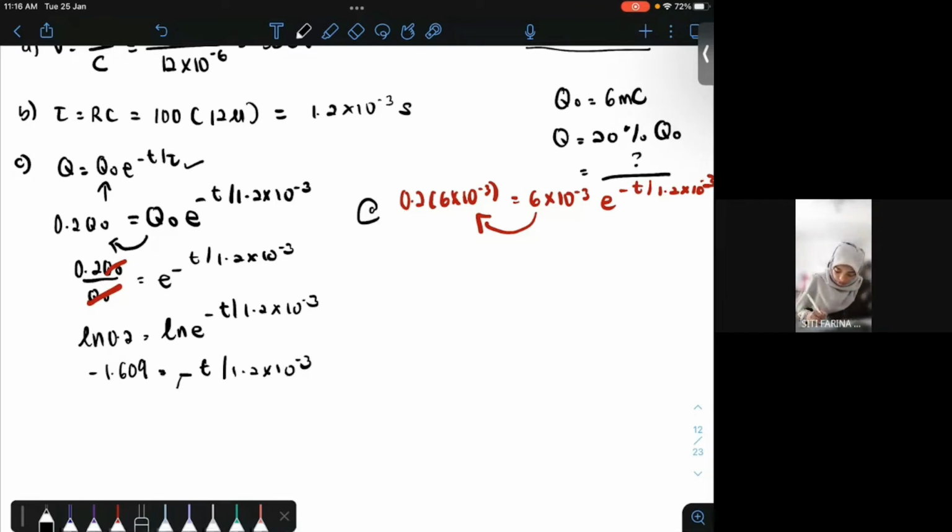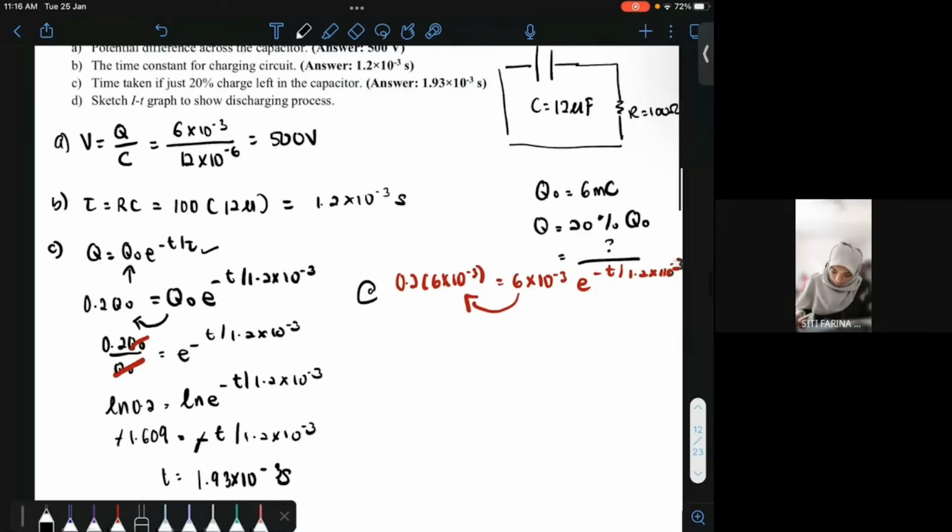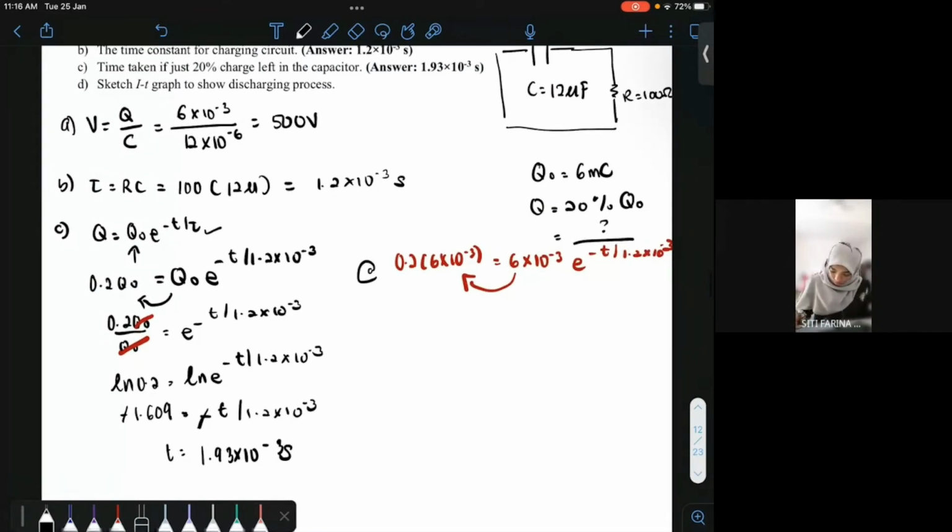The negatives can cancel because both left and right have them. Then 1.609 multiplied by 1.2 times 10 to the negative 3, you will get t as this much.